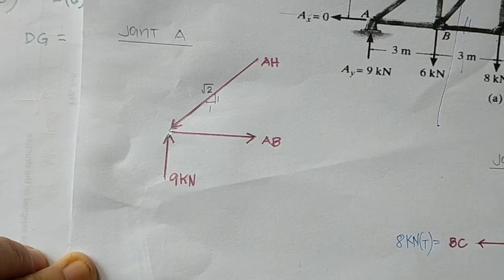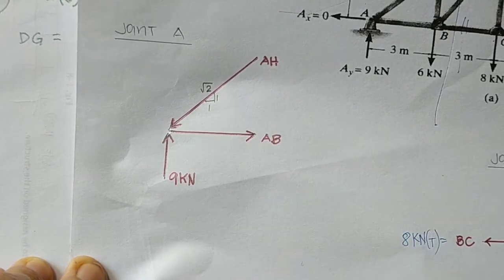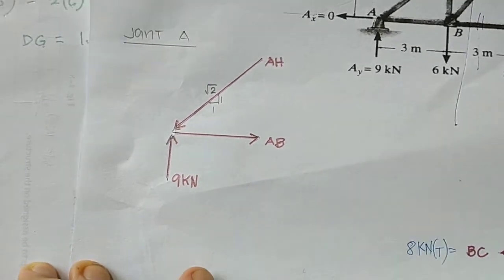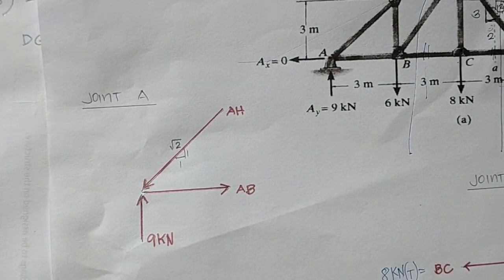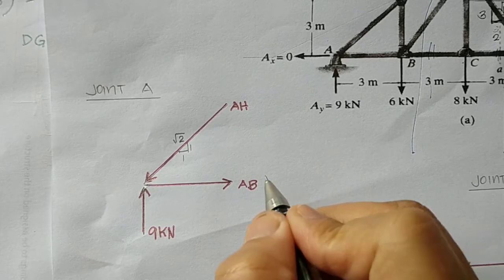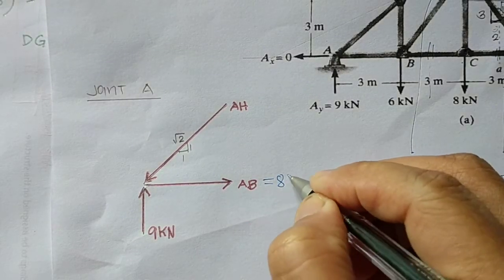Let us proceed to joint A. So since BC, we get BC as tension, which is 8 kilonewton.